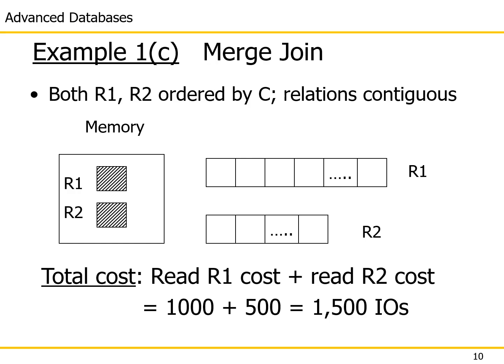Now, there are some special cases where the data will be so bad that we might run into a scenario where the number of pages we have in memory is very limited, and when we are joining R1 and R2, we get lots and lots of duplicates.